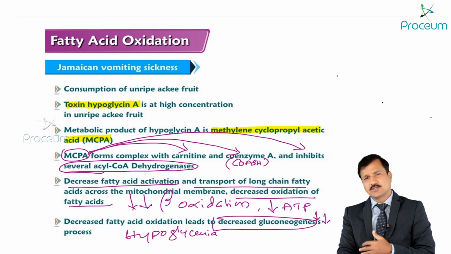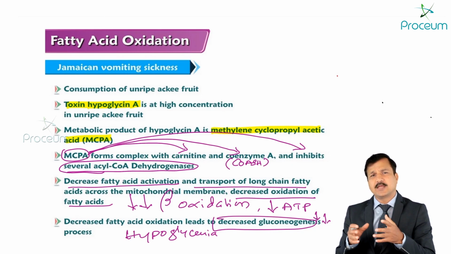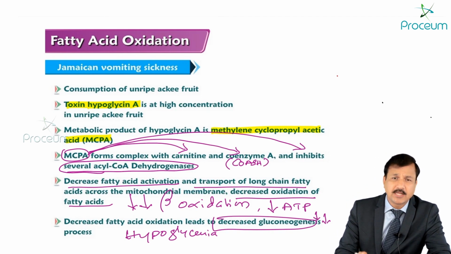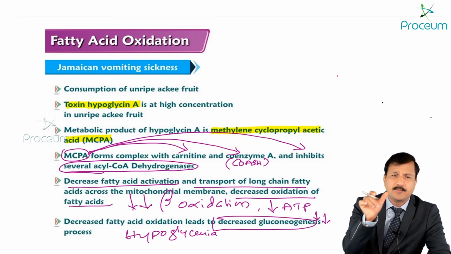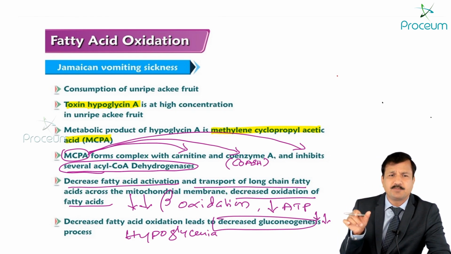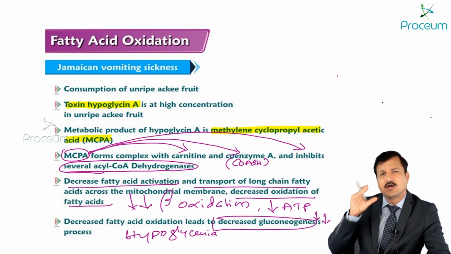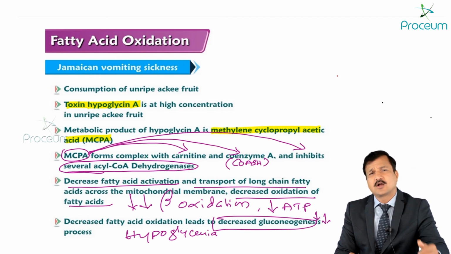Or when the person goes into a fasting condition, not taking any food, hypoglycemia sets in and gluconeogenesis is not helping because it is down. So this is the pathophysiology of Jamaican vomiting sickness and how hypoglycemia results from MCPA, which has so many inhibitory effects on the oxidation of fatty acids, starting from the carnitine there.